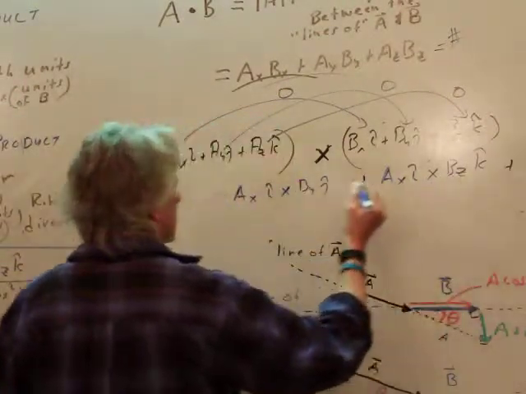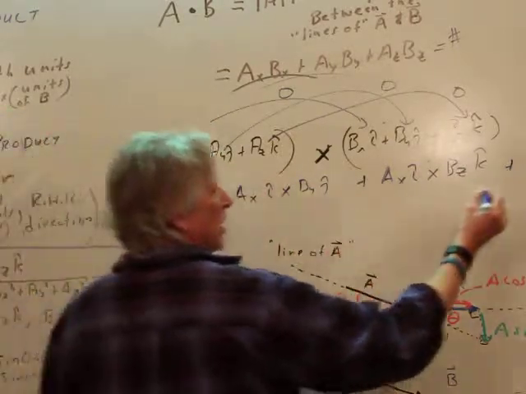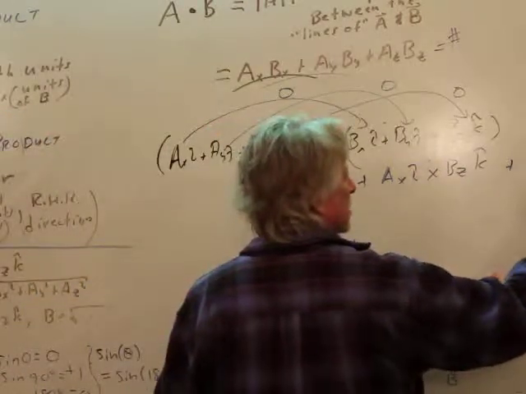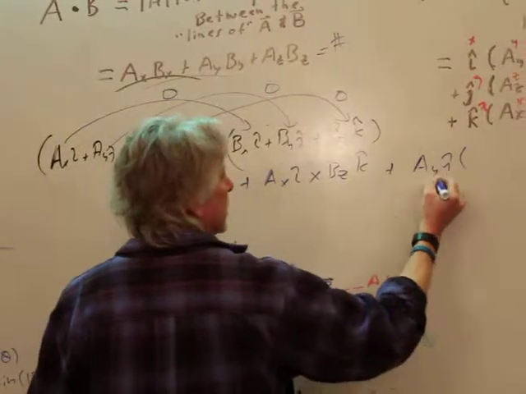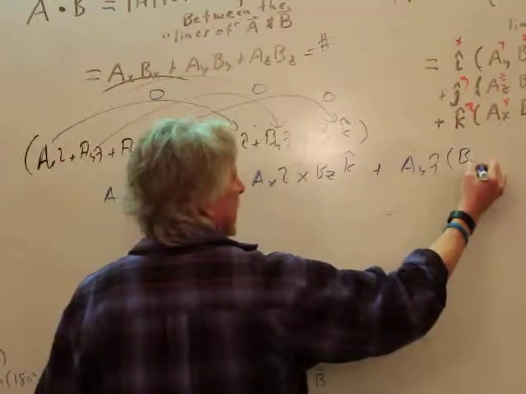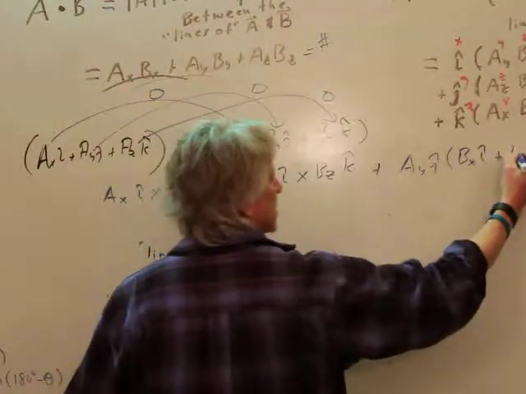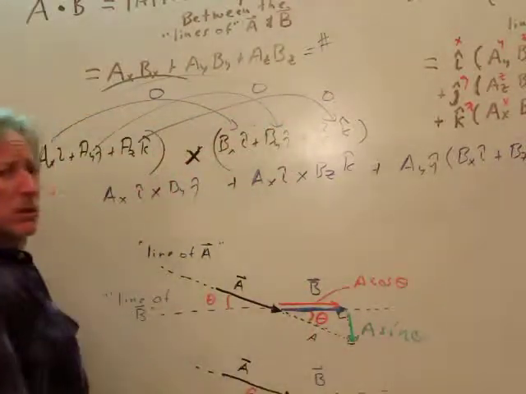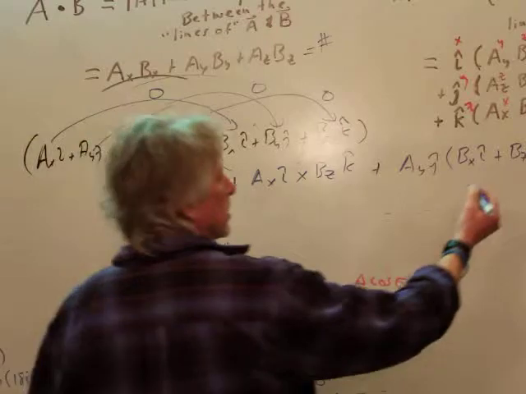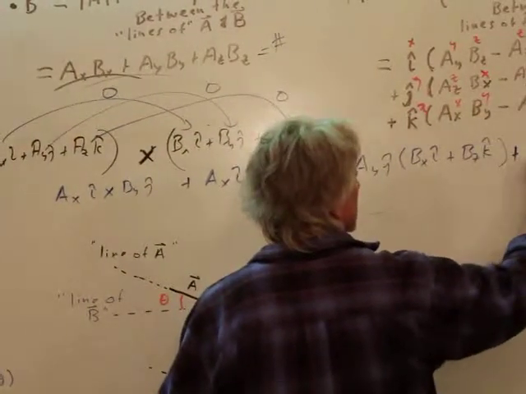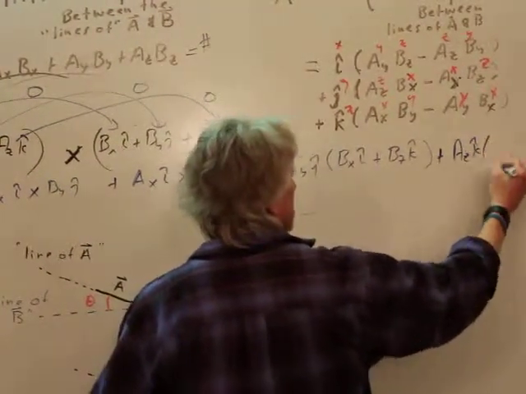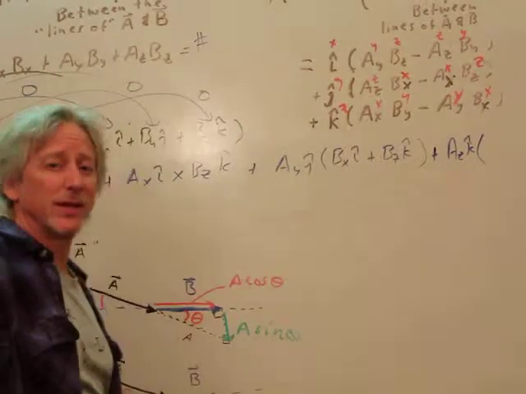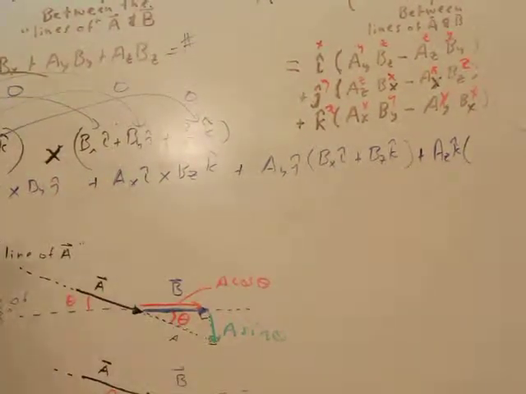Plus, and then I got to do AY. Let me just write that a little more efficiently. AY times the X and the Z component of B. And then I got to do, can we get this in there okay? Yeah. Stretching it out there. Okay, so you get the idea.